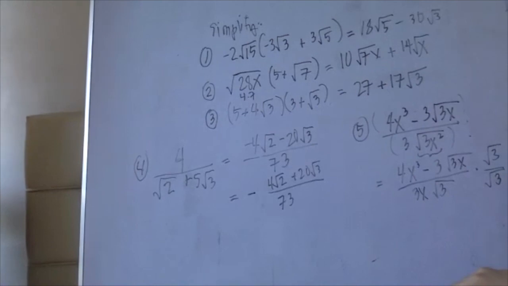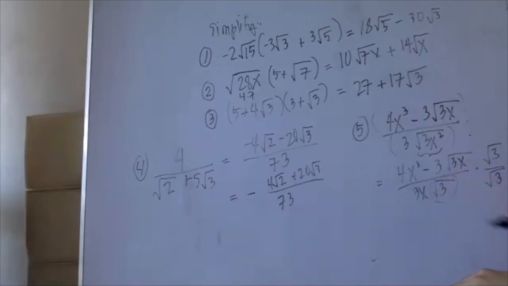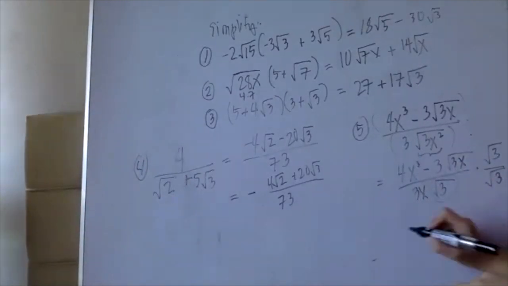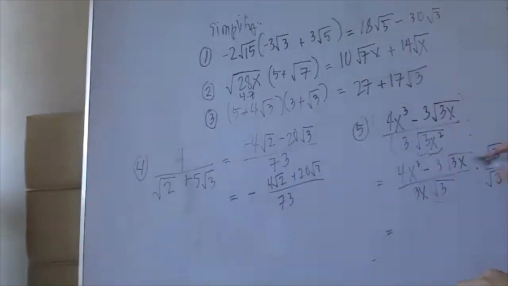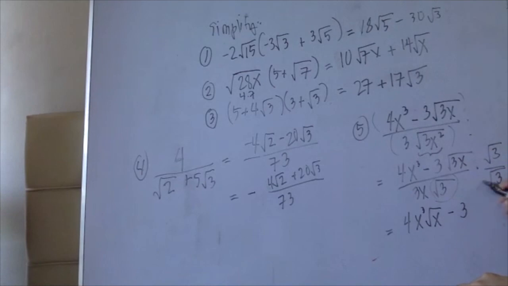Common error ng iba, actually, hindi naman siya maling-mali. Pareho pa rin yung sagot. It's just that mas mahaba or mas malalaking numbers mo. Minumultiply din nila with 3x. Ito lang guys yung kailangan niyo, yung square root of x. So here, distribute natin to. 4x cubed square root of x minus 3.